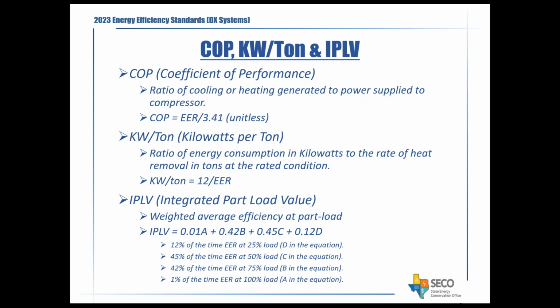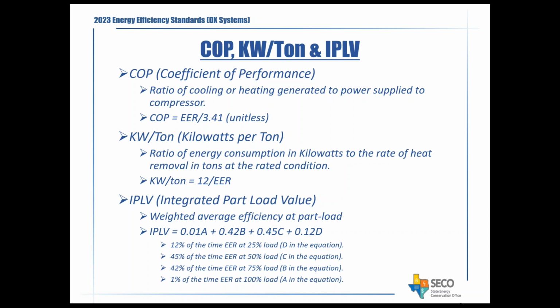The other efficiency rating that you will see very commonly is the COP, which is the coefficient of performance, and it's the ratio of cooling or heating generated to the power supplied to the compressor.